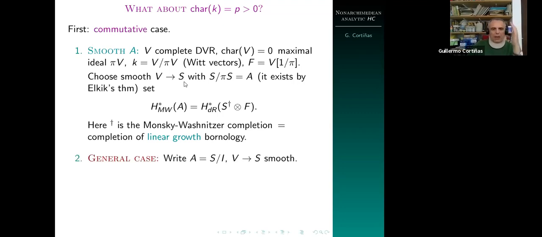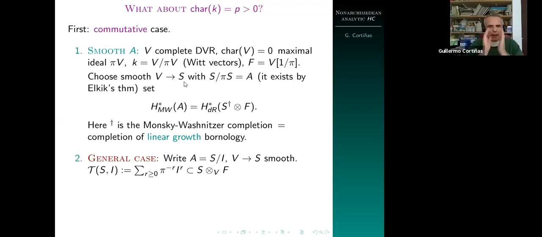Okay, so that's the smooth case. In the general case, you write A as a quotient of a smooth V-algebra S by an ideal I, and consider the tube of S around I. So this tube is the sum that I wrote there, which is the sum of the powers of the ideal I divided by pi, where divide means all the things of the form x over pi, with x in I, and r-fold products of that produce pi to the minus r.